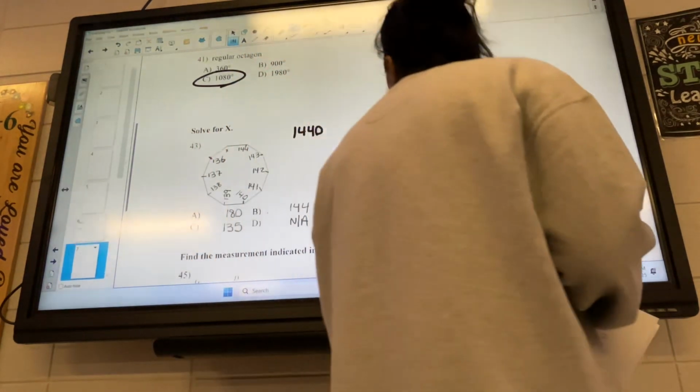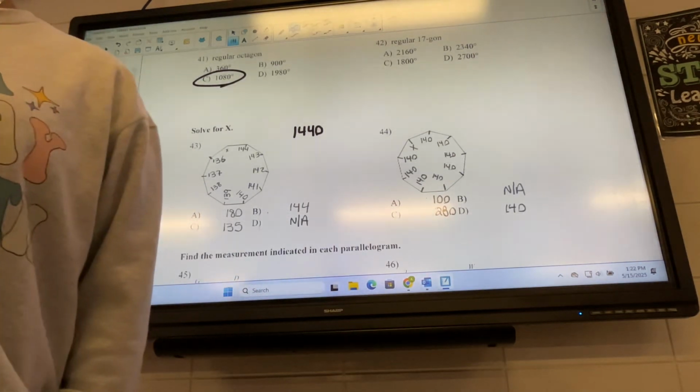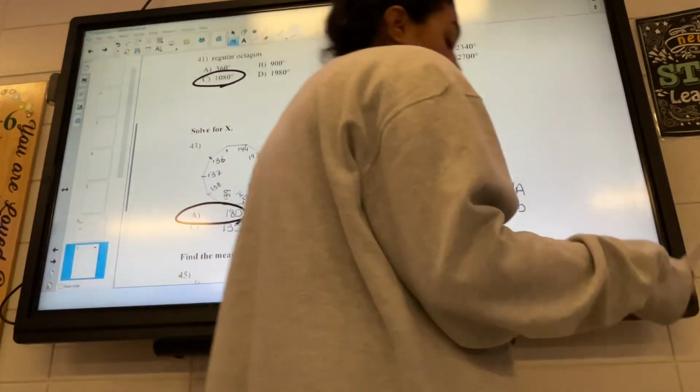And then you're going to take 1440 and type that on your calculator and then subtract every piece on the inside. So 1440 minus 144 minus, okay, and go through and do all of them. 180. Somebody agree? Okay, 180.